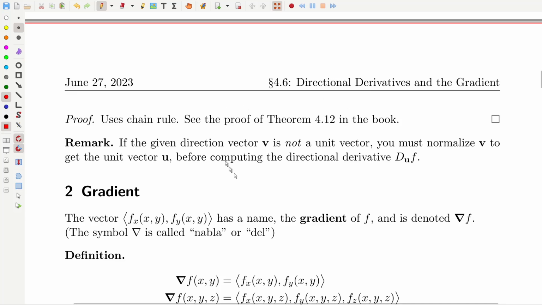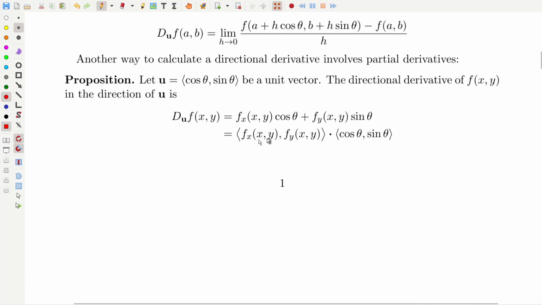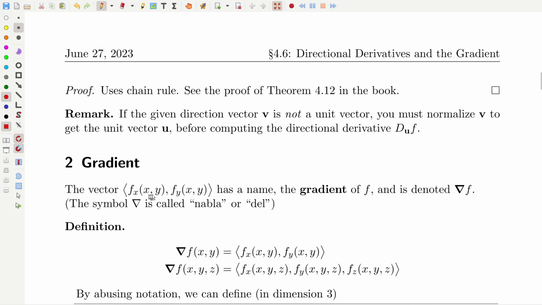Okay, so let's see. The gradient, right? So this vector, which is this guy, this vector has a name called the gradient of the function f, and it's denoted with this triangle. This triangle is called nabla, and it's actually important that this triangle is facing this way.